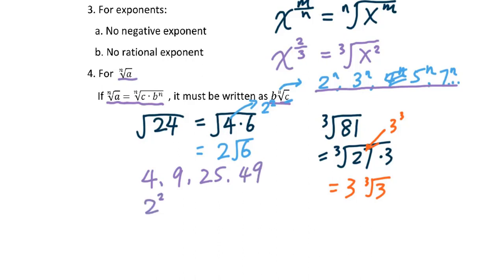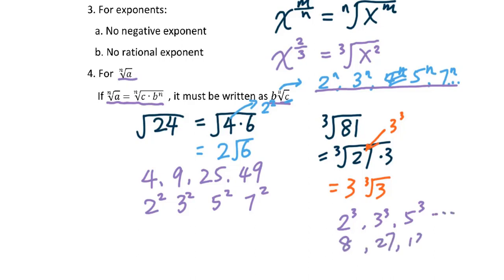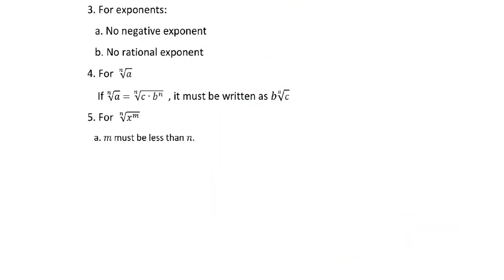That is 2 squared, 3 squared, 5 squared, 7 squared. For the cubic root, you will do 2 to the third power, 3 to the third power, 5 to the third power, and keep going. So this is 8, 27, 125. Just check in the cubic root, can you divide this number by a cubic number so that you can simplify?